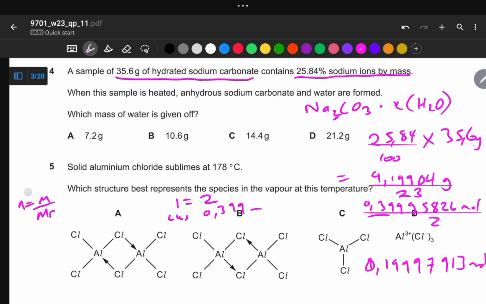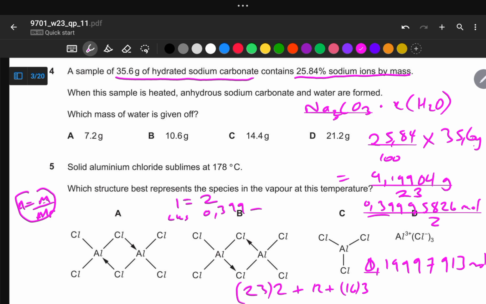And then we go straight to this formula again to calculate the mass of sodium carbonate. So mass is equal to number of moles multiplied by Mr. The number of moles is this one, and then the Mr, we are simply adding the relative atomic masses of each atom in this compound. So it's 23 by 2 plus 12 plus 16 by 3.